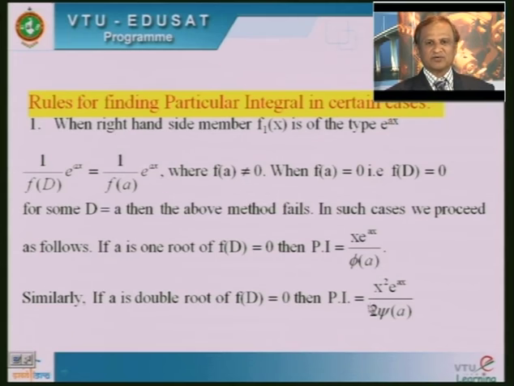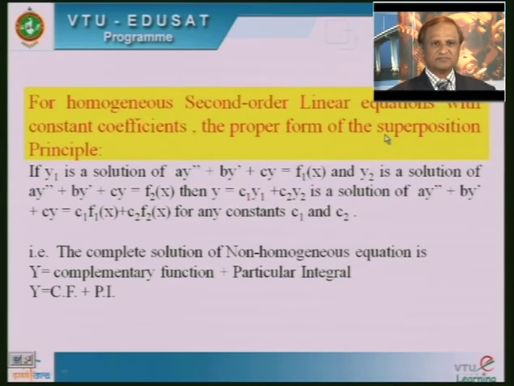It is very simple: you write it in this form, x square into e raised to ax divided by 2 times some function of a. Again it is a constant, 2 into some function of a is a constant. So by using these rules, we are now able to find a particular integral in the case of e to the power ax. Is it clear?